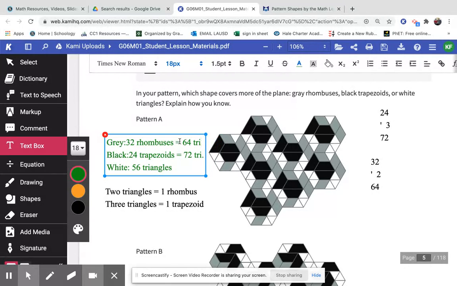So overall, the trapezoids cover the most of the plane by sheer size. Because look, here's 3 white triangles together looking like 1 trapezoid. So at first glance, you really can't tell that there's more black here than any other color, but there actually is once you do the math for it.